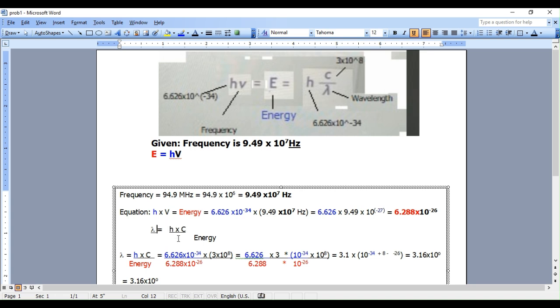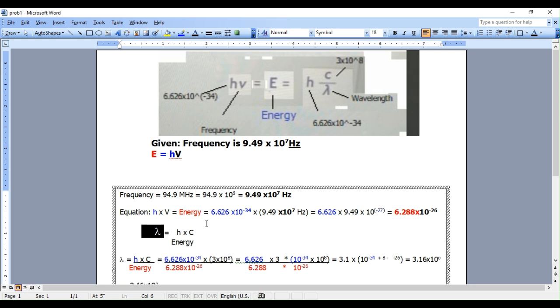Get rid of the multiply. And I'm left with this equation. Lambda equals wavelength. On the left here, this upside down y equals hc over energy.